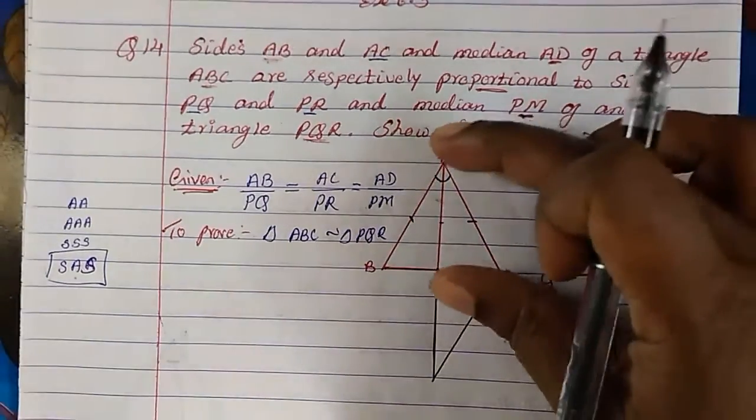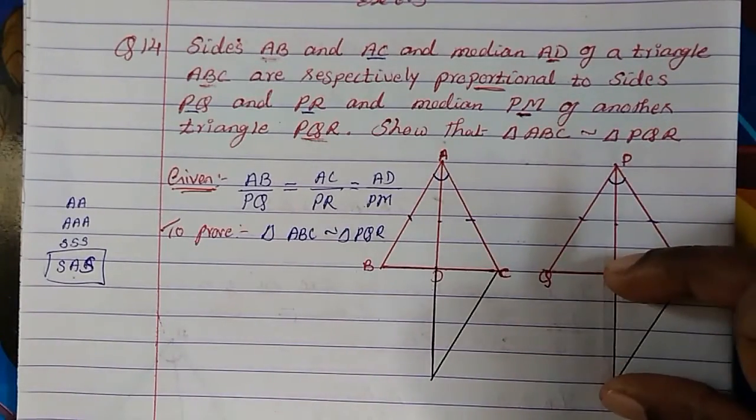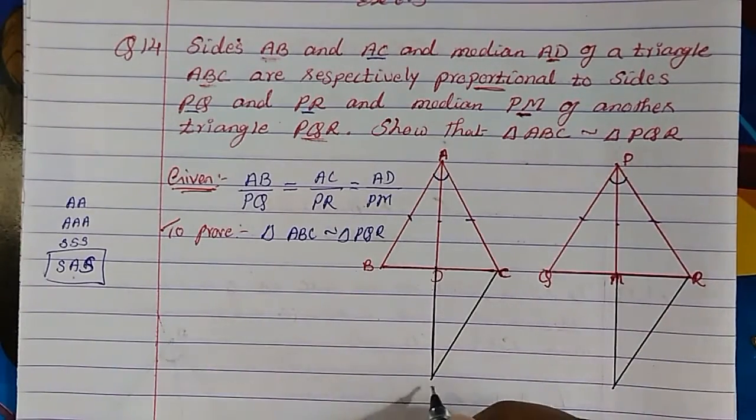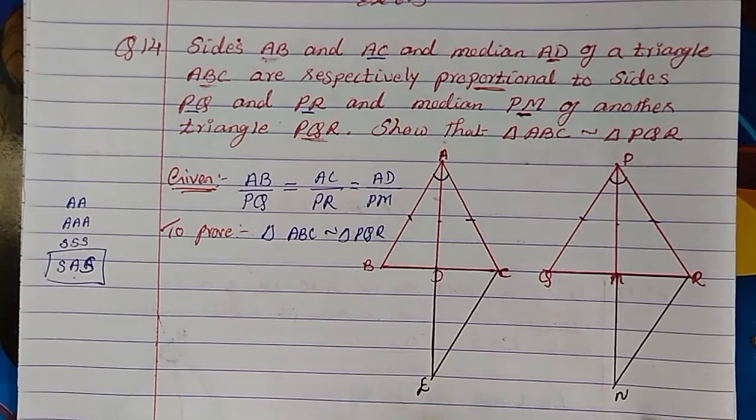That means now this length and this length are the same. So let us name this as E and this as N, and we join with this.